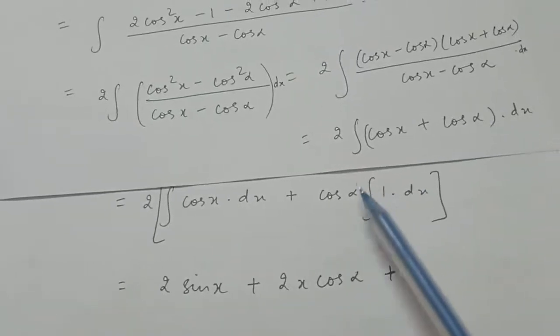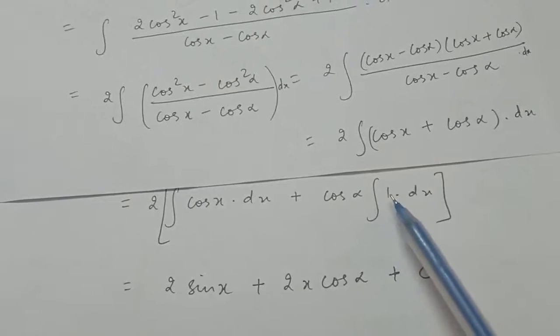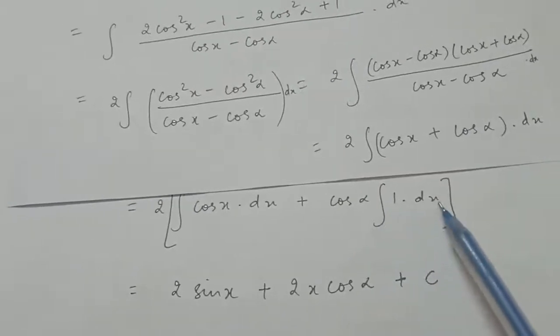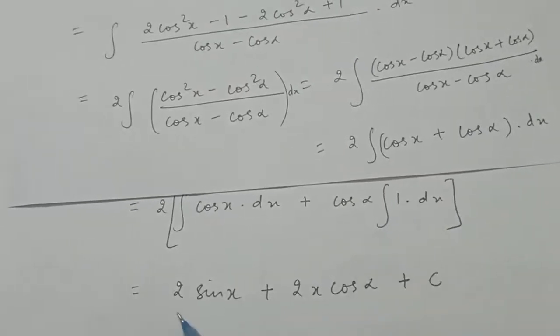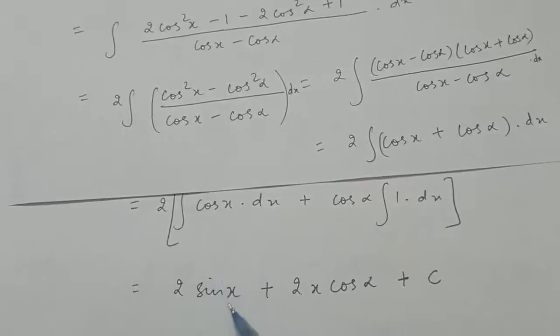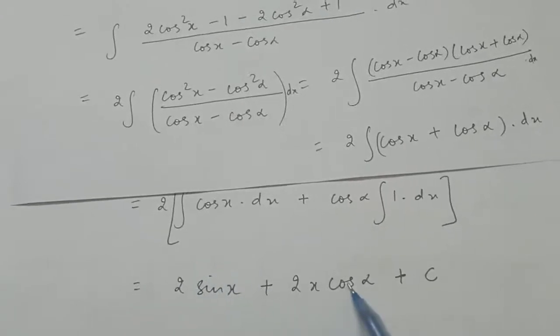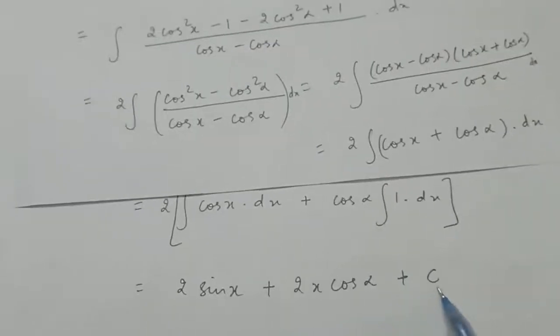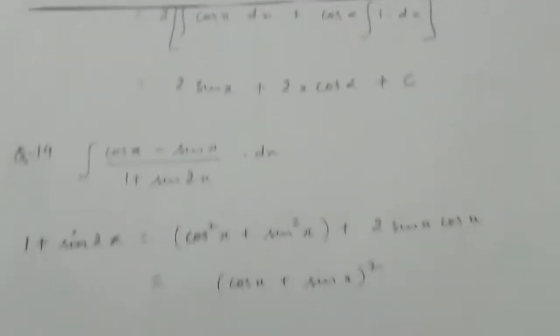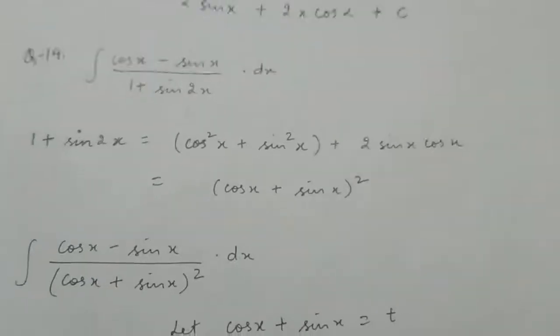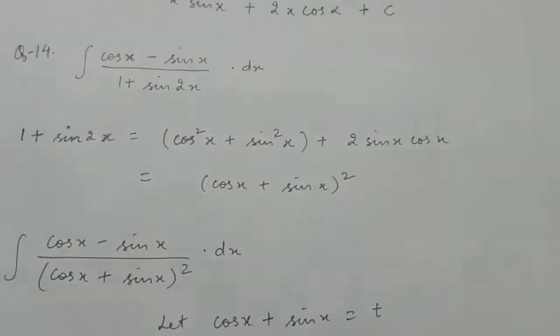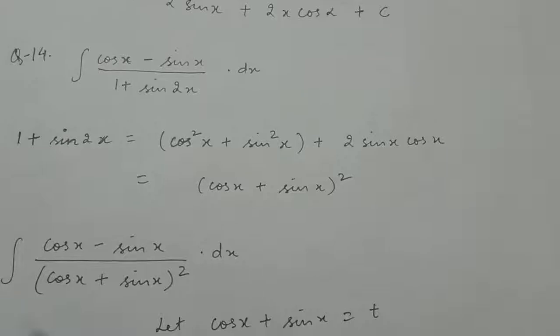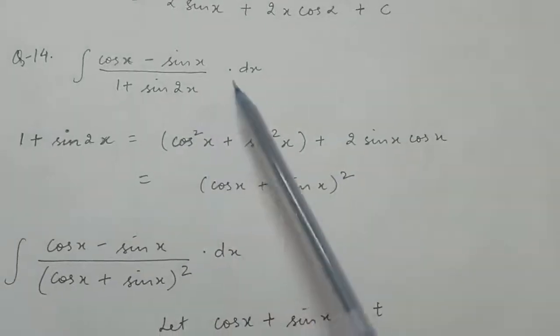Therefore cos alpha is taken outside from the integral, so you will get 1 into dx. Now 2 integral of cos x is sin x plus 2 cos alpha. Integral of 1 is x plus c. Clear? Now question number 14 is integral of cos x minus sin x upon 1 plus sin 2x into dx.